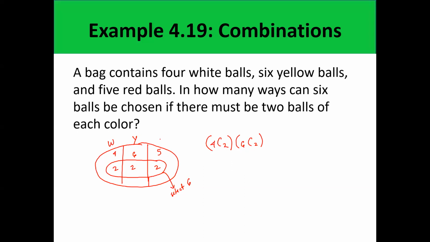The number of ways of selecting 2 red balls from 5 red balls is 5 combination 2, so we multiply this again with the first two factors. Using your calculators, you can determine the final answer. That's the total number of ways of selecting 6 balls containing 2 balls of each color.